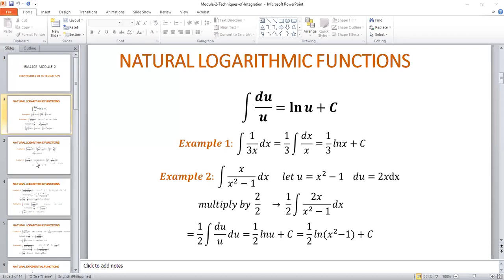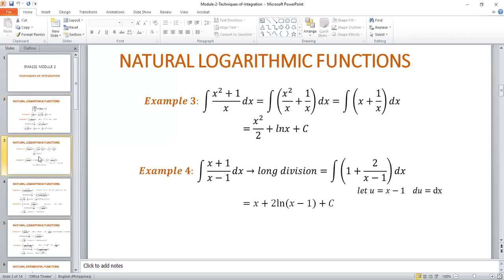Now we go to number 3. Number 3, if you're going to look at it, is rational. However, the degree of the numerator is higher than the degree of the denominator. So this is second degree, this is first degree.